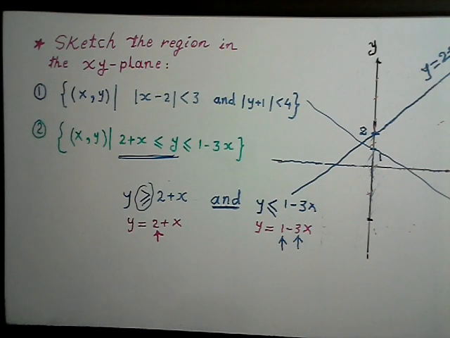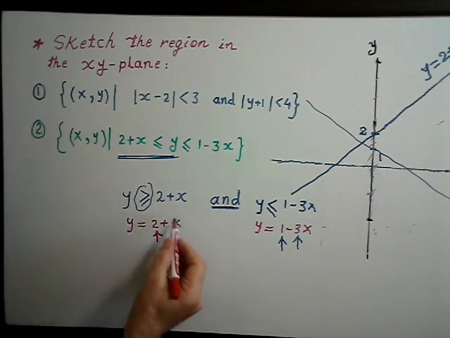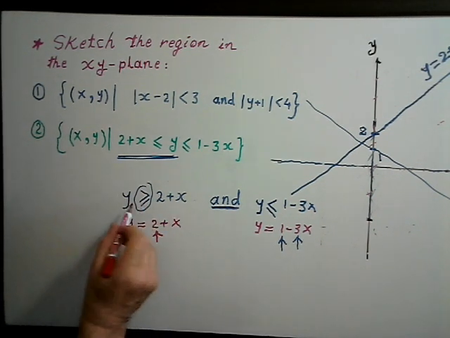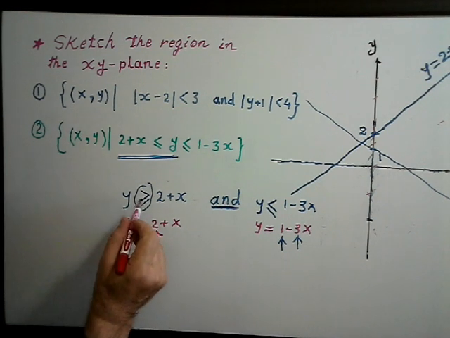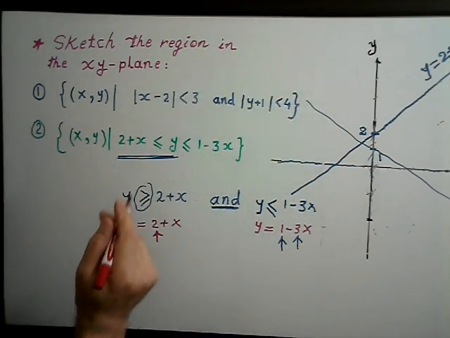Now we will shade the two areas. The first area is for this inequality, y is greater than. Remember, when it's greater we go above the line.